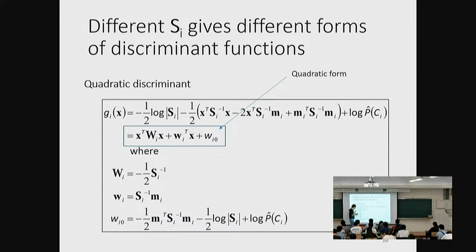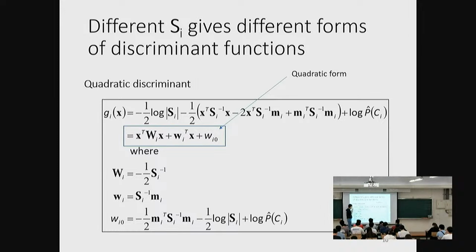Again, I won't go through the whole rewriting, but you can rewrite this as x transpose W_i x plus some w_i vector transpose x plus a constant term. This W_i is the inverse of an individual covariance matrix. The w_i is the inverse of a covariance matrix multiplied by the individual class's mean vector, and then the final constant term.